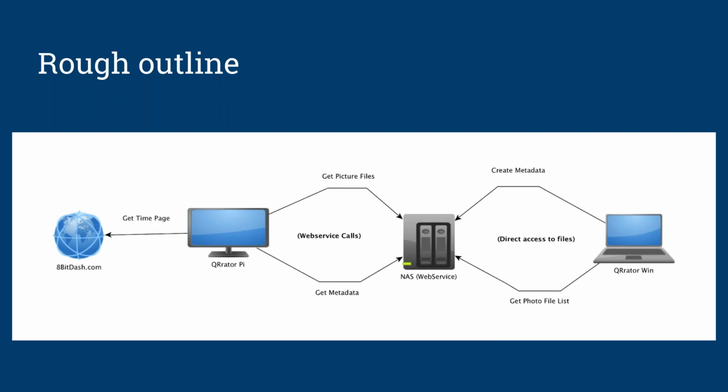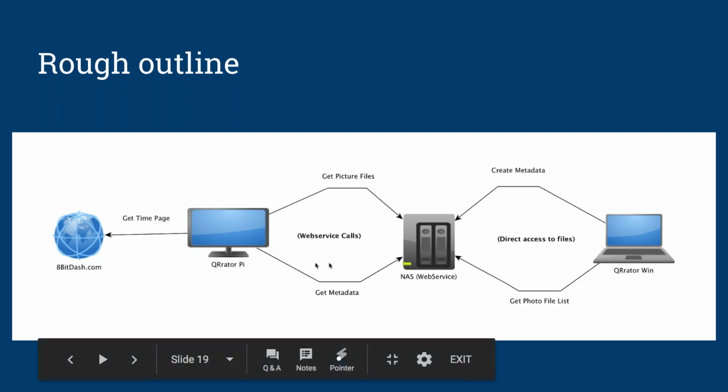UWP has some security implications built into it that prevent direct file access unless it's connected to an AD domain. Now, I didn't want to spin up a whole domain in my house, so I said, okay, I guess I've got to build myself a web service. I built myself a web service to feed information to it.